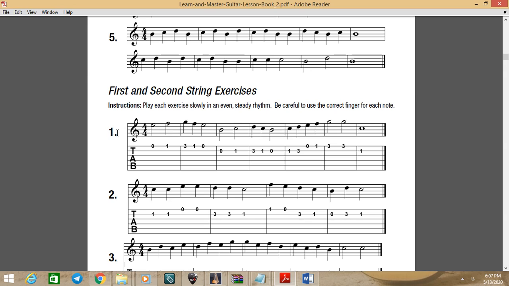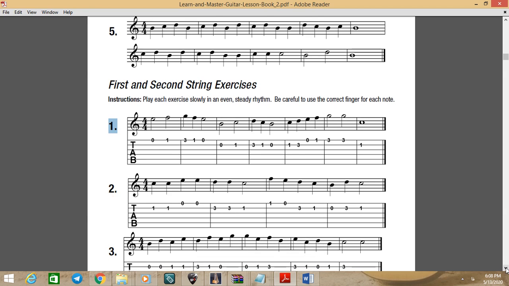For example, number one. 1, 2, 3, 4. E, F, G, F, E, E, C, B, C, B. Okay, and continue to the end should be like this that I read for you.